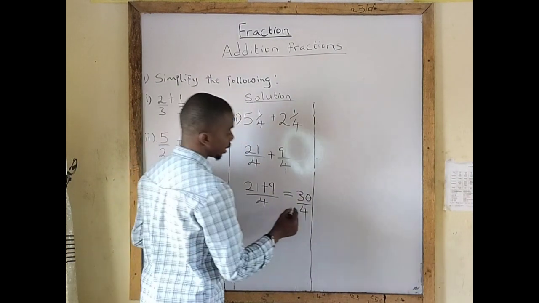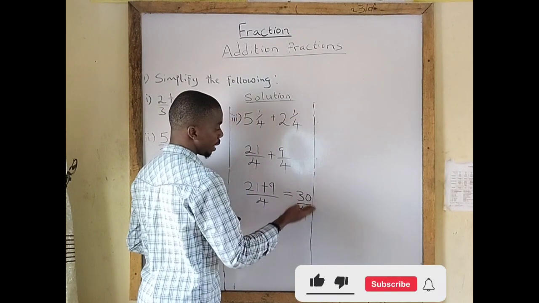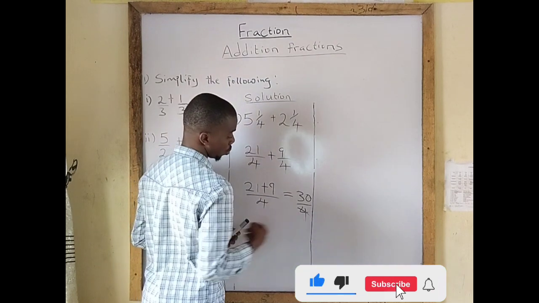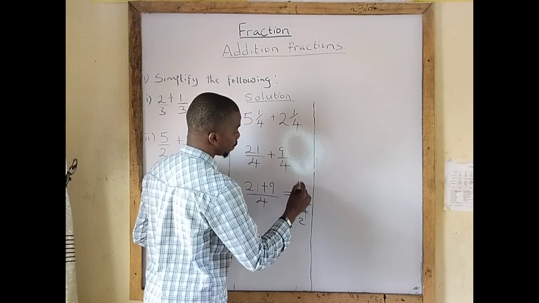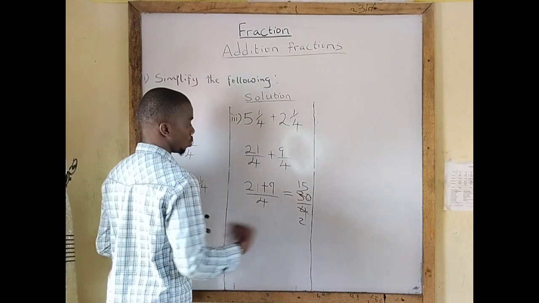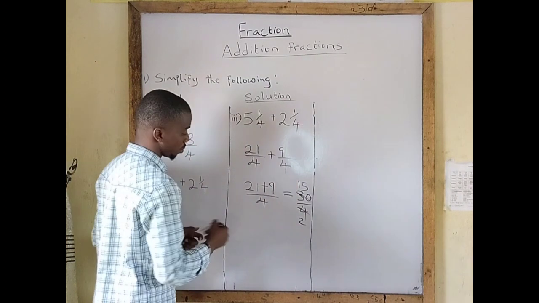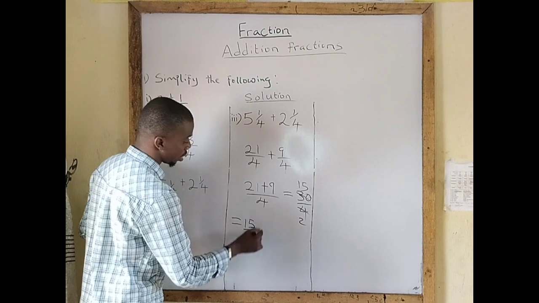Dividing by their common factors, 2 goes into 4 2 times, goes into 30 15 times. 15 and 2 have no common factor, so the fraction is in its simplest form. So we have 15 all over 2.